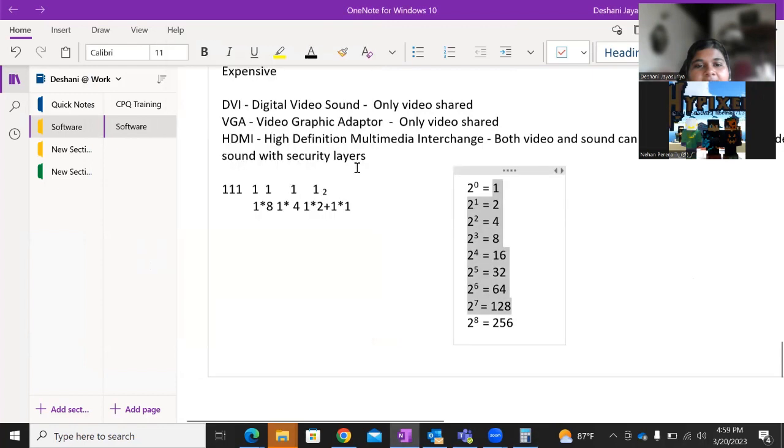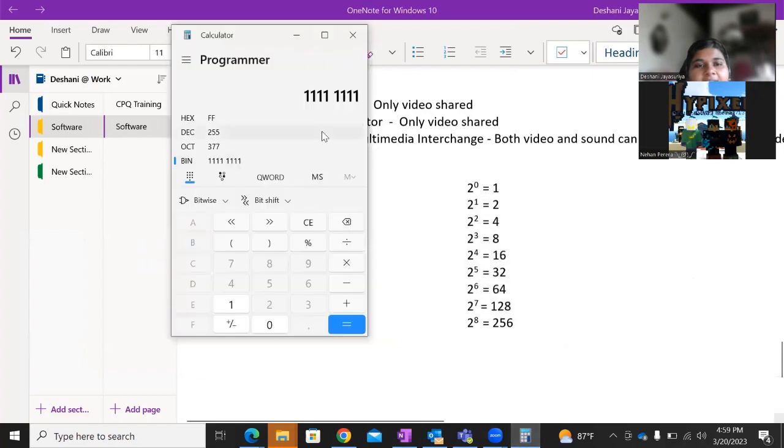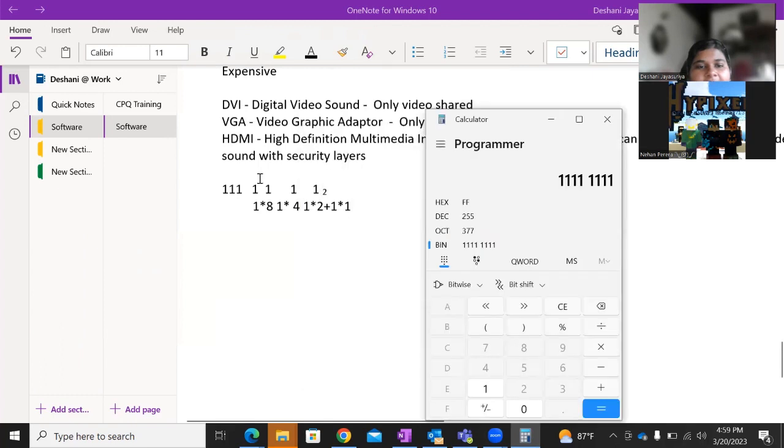All ones. Yeah, this is 8 ones. So 1, 2, 7. So this is 255.